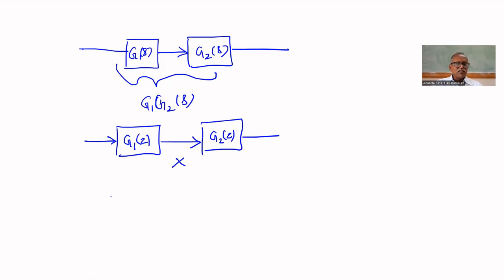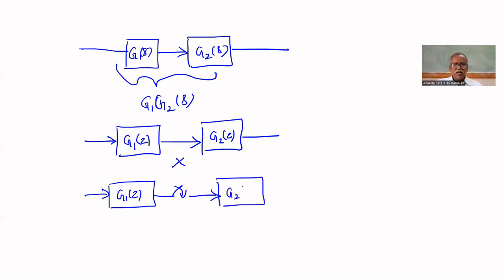If you want to multiply them, there must be a sampler in between. Then G1 of Z and G2 of Z can be multiplied. All this we will study in detail in the theory class. Here, for laboratory purposes, only if some sampler is in between can you multiply. Otherwise, you cannot multiply these two.